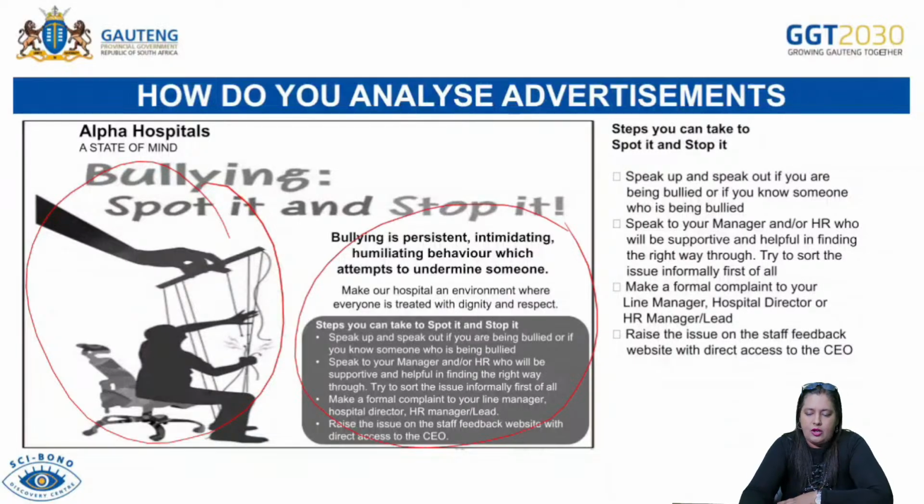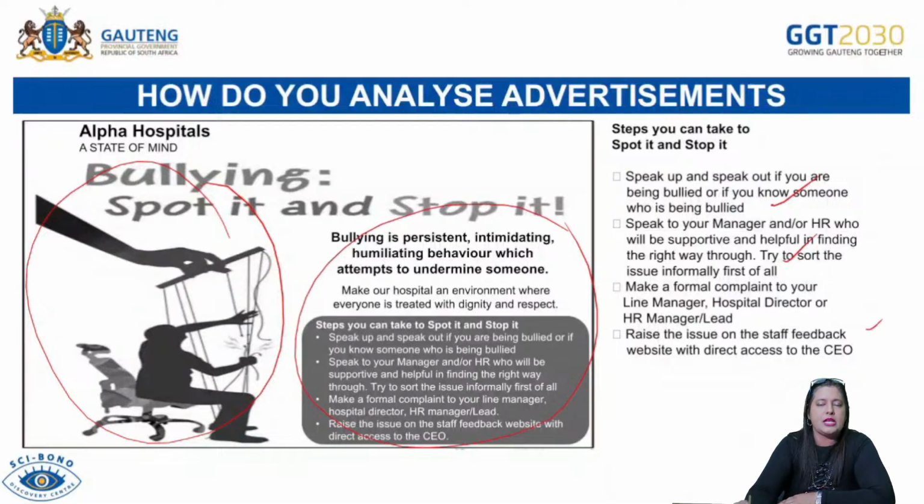Besides the words of saying speak up and speak out if you are being bullied, or if you know someone who is being bullied, that already tells us that we need to take action. Speak to your manager and or HR, who will be supportive and helpful in finding the right way through. Try to sort the issue informally first of all, and then make a formal complaint to your line manager and raise the issue on staff feedback.